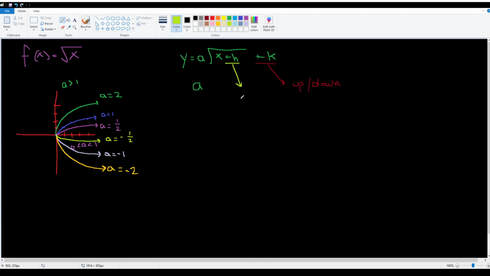It's actually the opposite. So if h is negative, meaning h is less than 0, you're going to move that many units to the right. And if h is greater than 0, you're going to move that many units to the left.